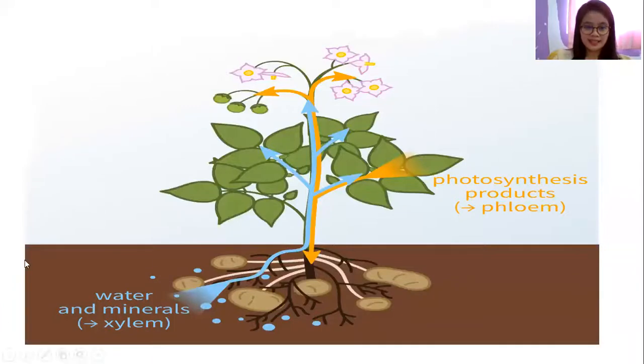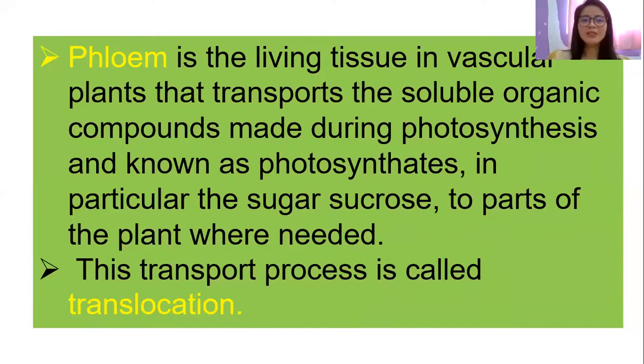The water and the minerals from the soil, the xylem will get all of those and transport them from the roots, going to the stem, then leaves, and then flower. Okay? Understand? Good.